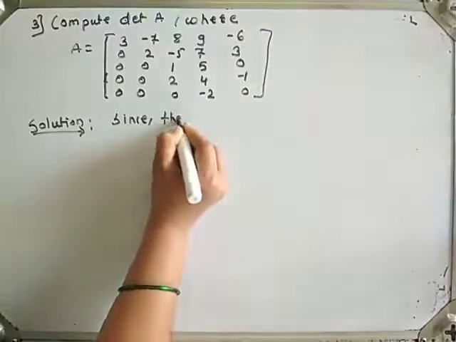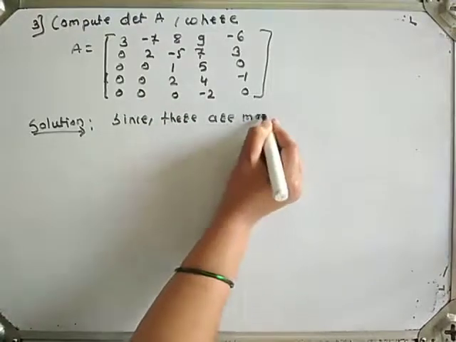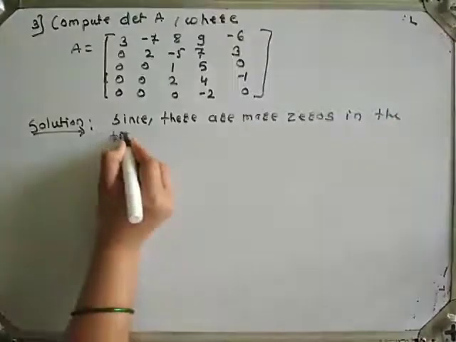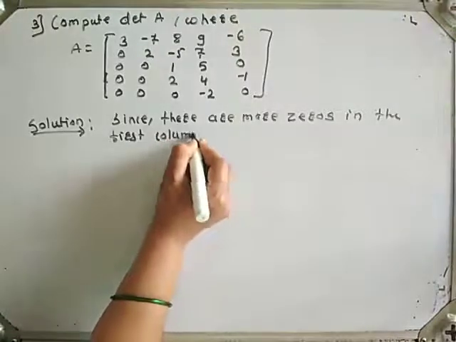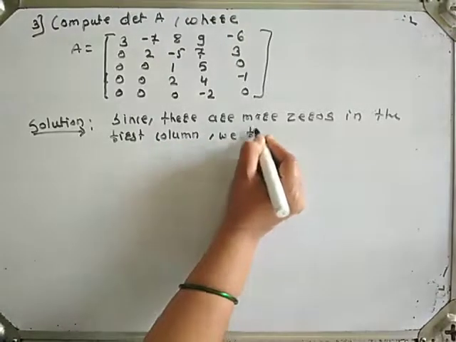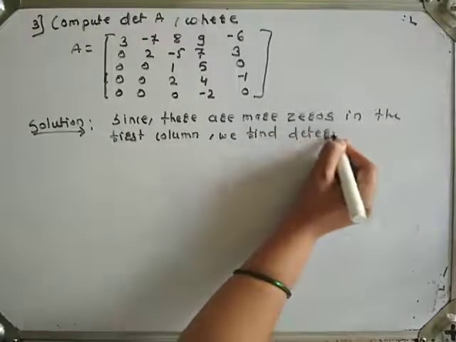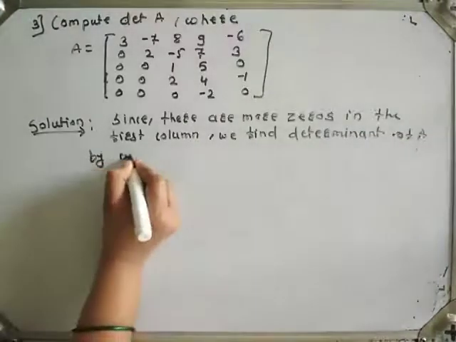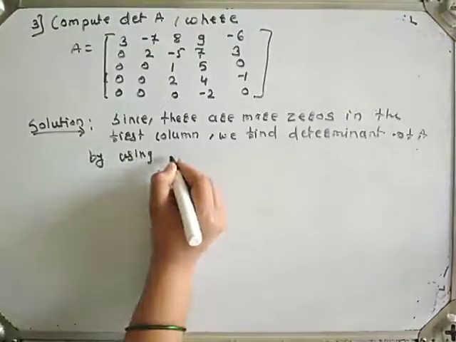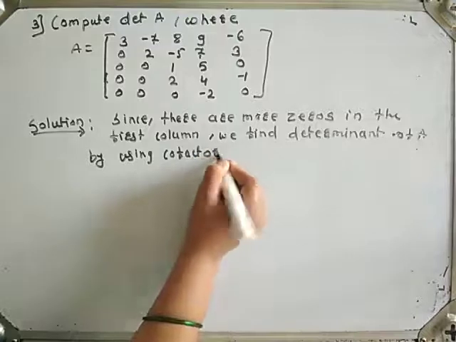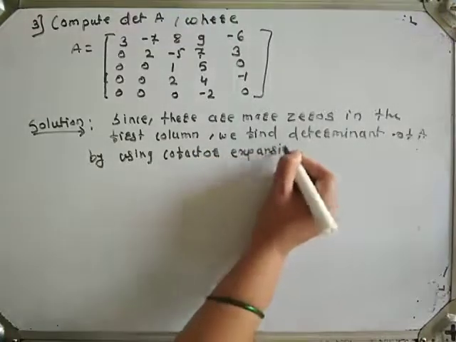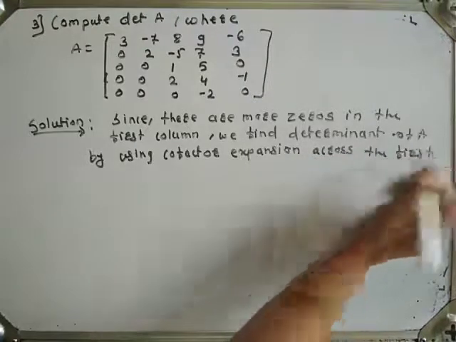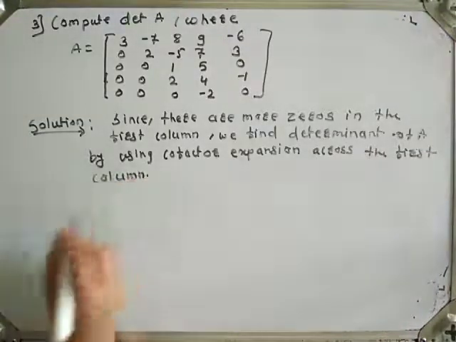Since there are more zeros in the first column, we find the determinant of A by using cofactor expansion across the first column.